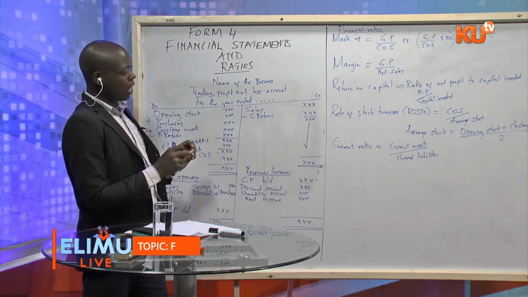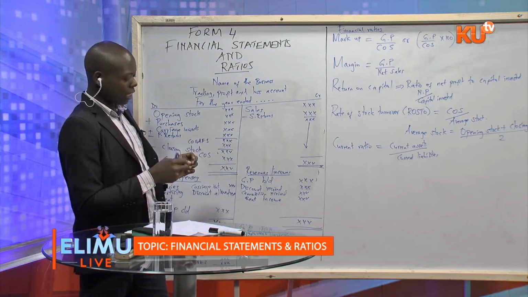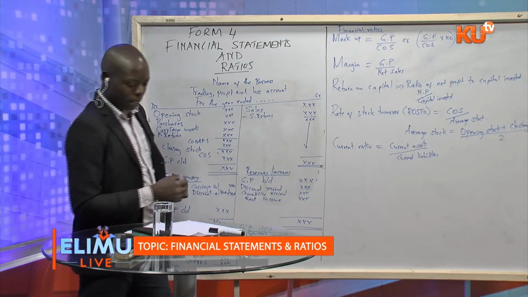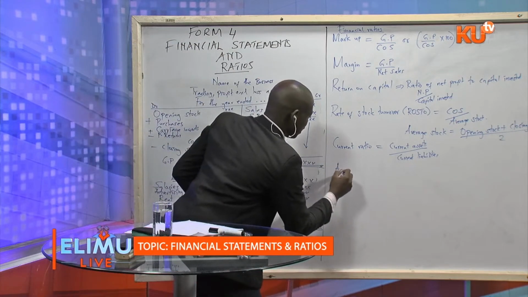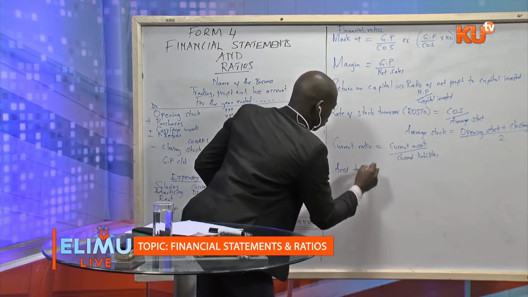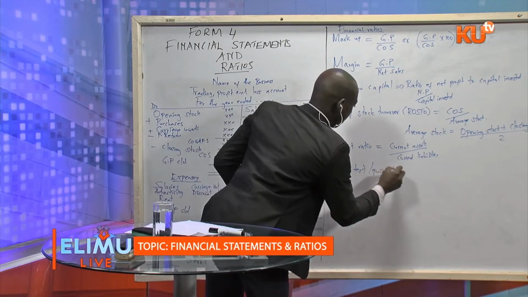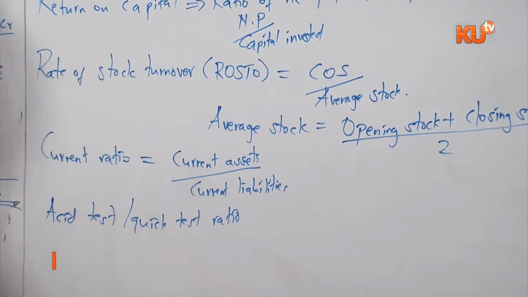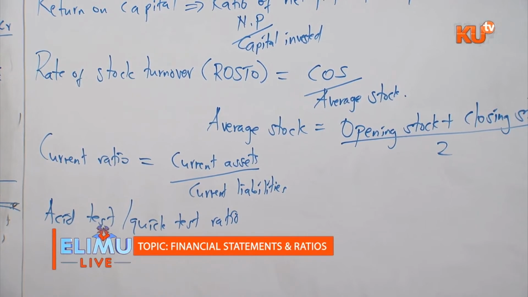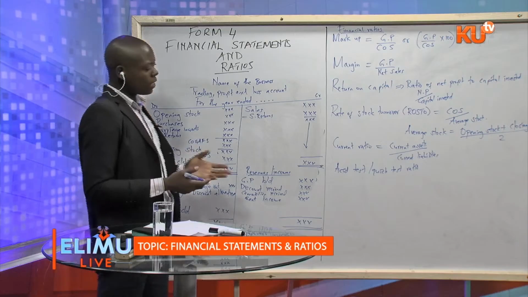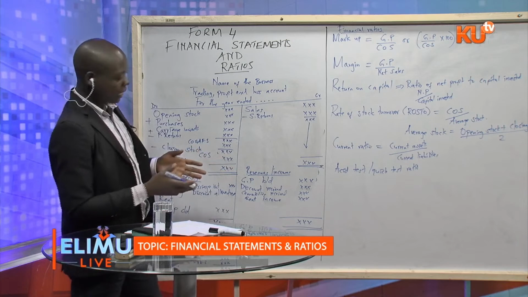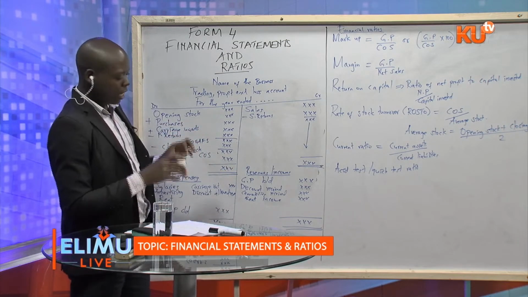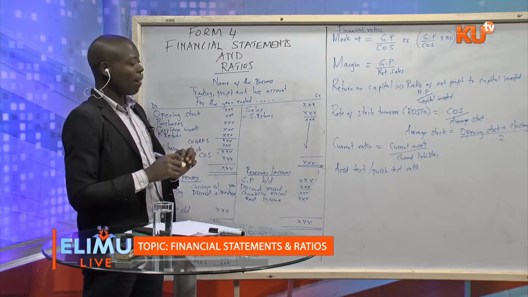However, there is also a ratio that I will ask you to look at, what we call the acid test ratio or the quick test ratio. Though in our question we may not calculate this, this is a ratio that is helpful to show how the business is going to convert current assets in order to settle the current liabilities.